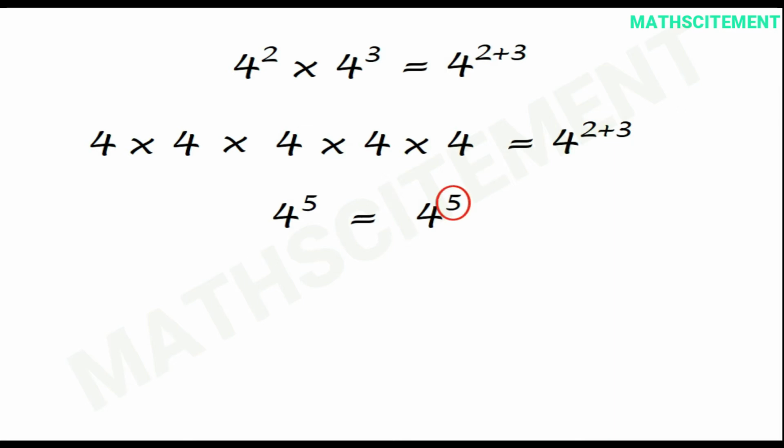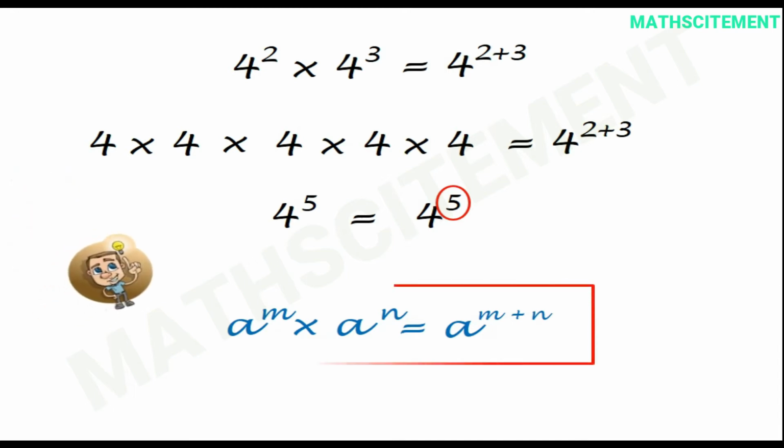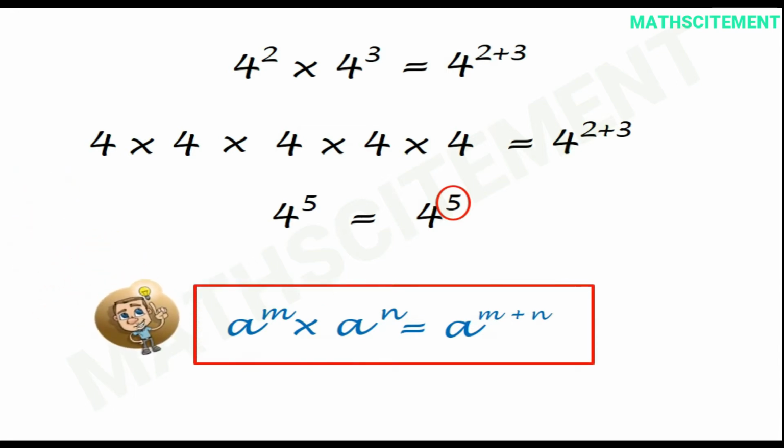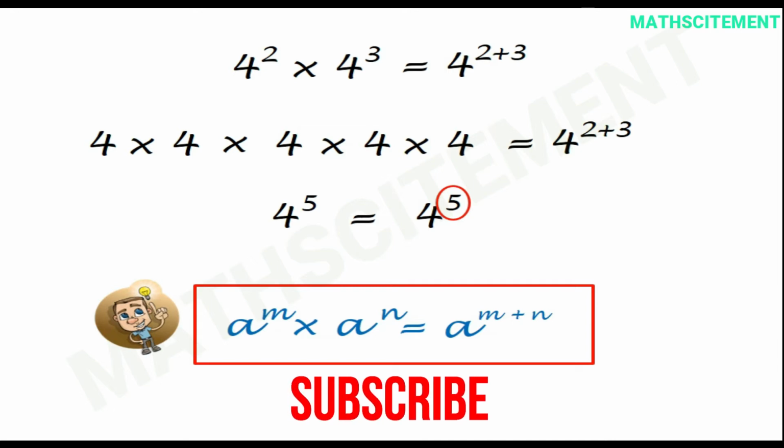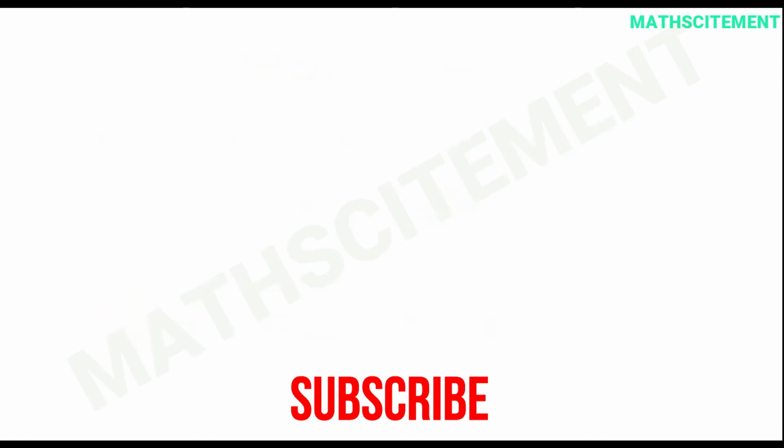So remember, like-based numbers having certain exponents, when multiplied together, result in the base number having a power equal to the sum of the exponents. So this was the law about the multiplication of like-based numbers raised to a certain exponent. Now let's understand the law of division.